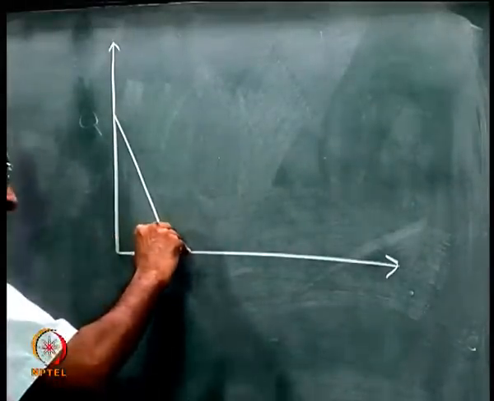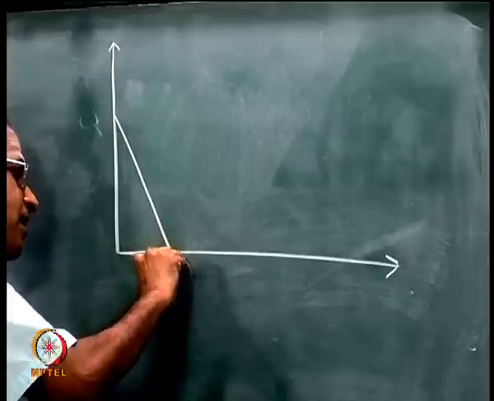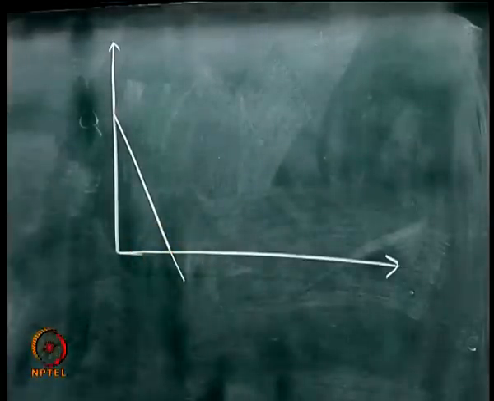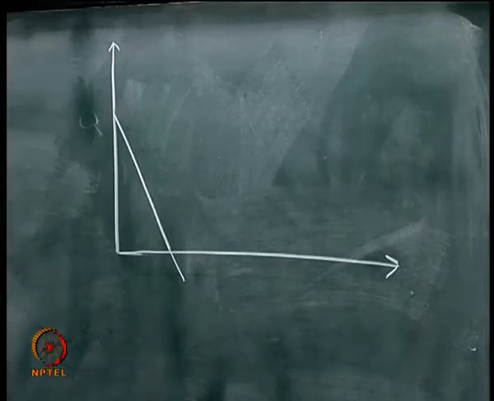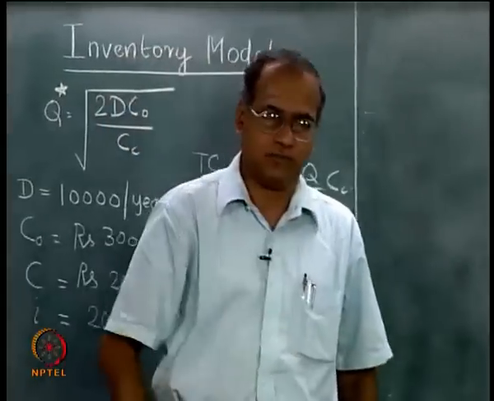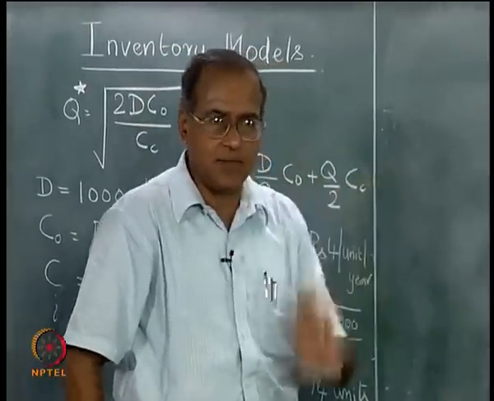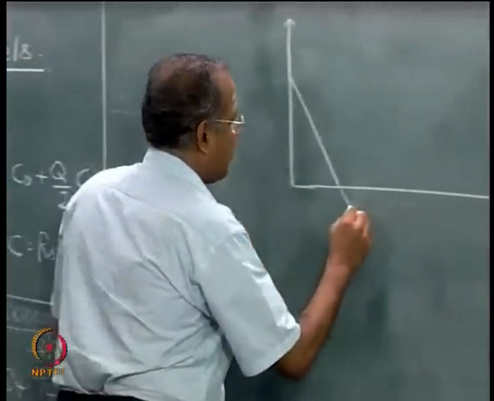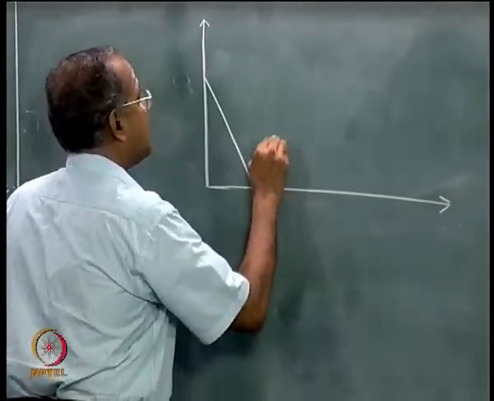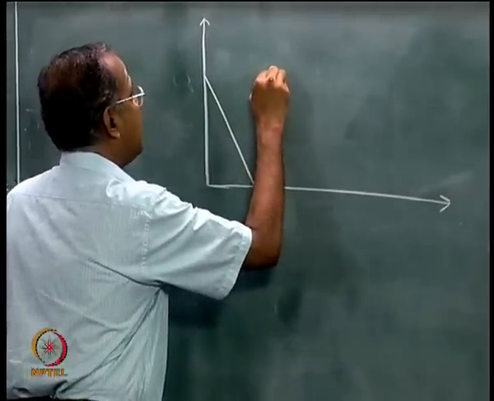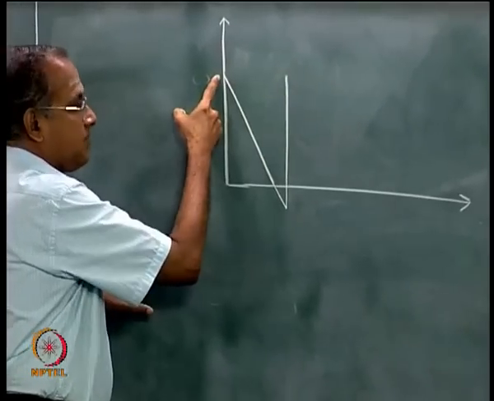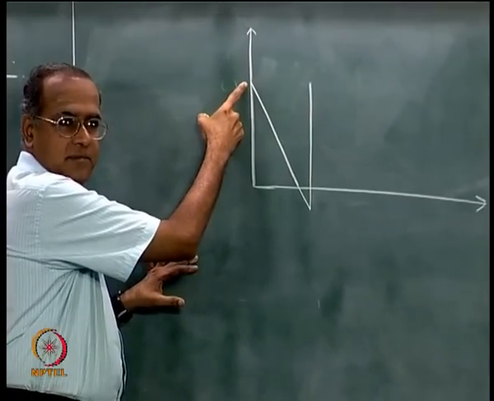So we do not place an order here, we allow back ordering, we build up some back orders, then we place an order for an order quantity Q, which is instantly replenished. So after the replenishment it reaches this point, the point where we started.